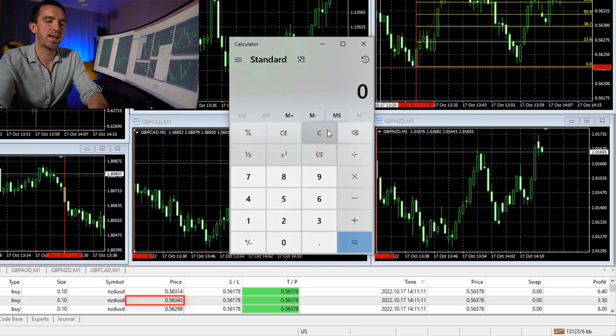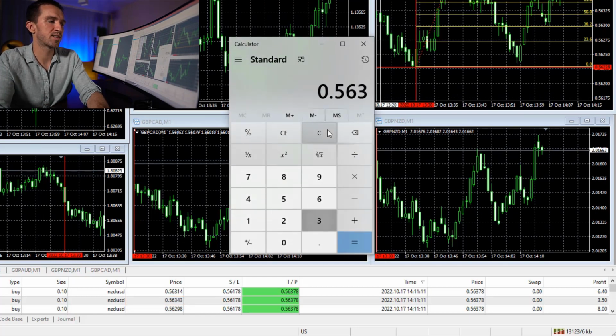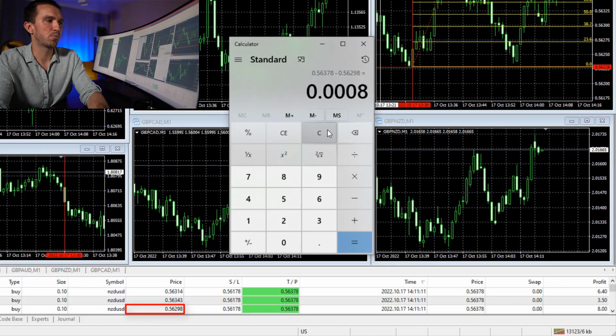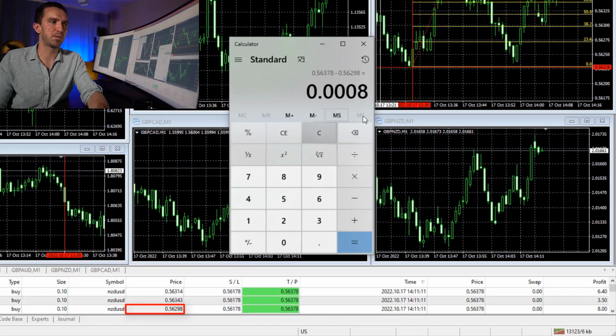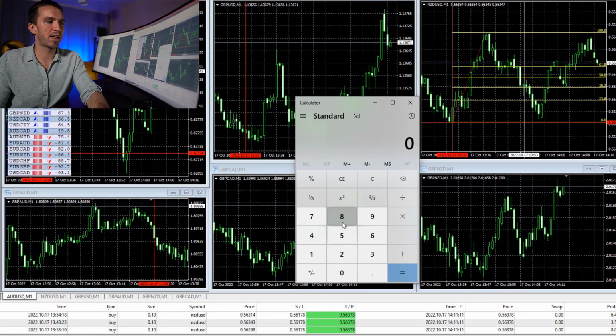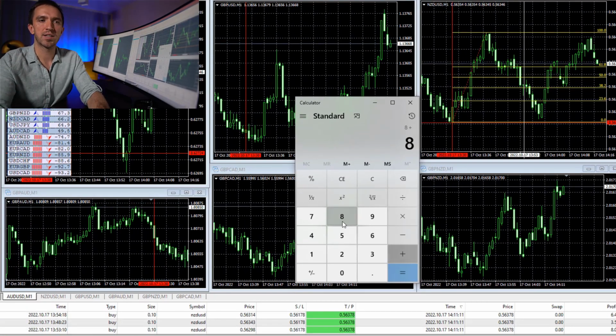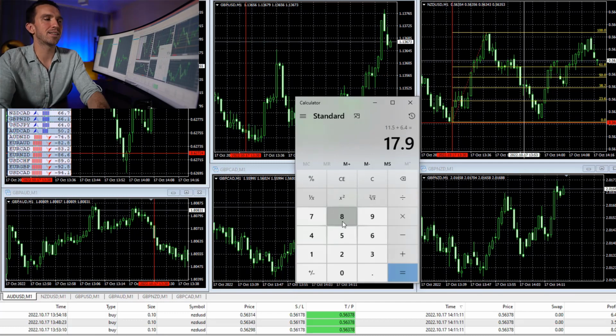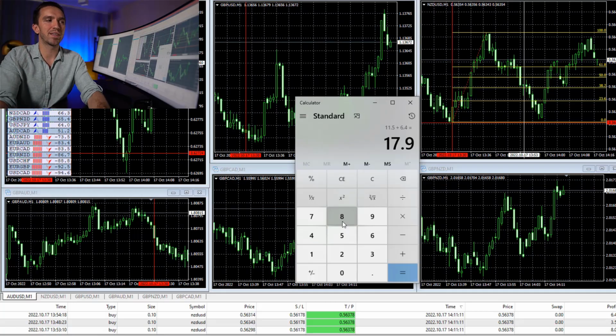And with the last one I have 0.5637.8 minus 0.5629.8, and what I have is 8 pips exactly. So what I will have is 8 plus 3.5 plus 6.4, and these are totally 17.9 pips.